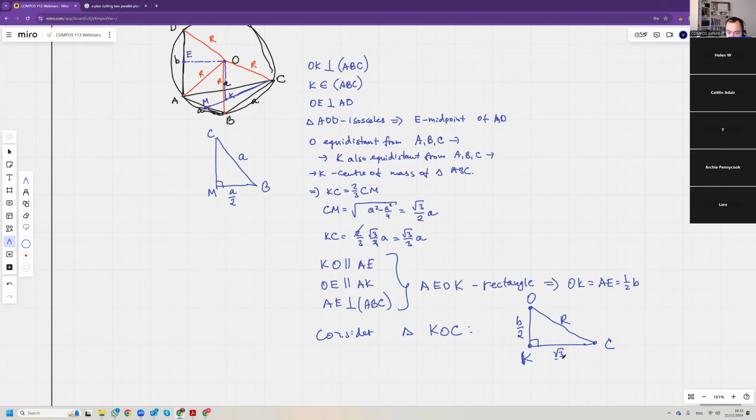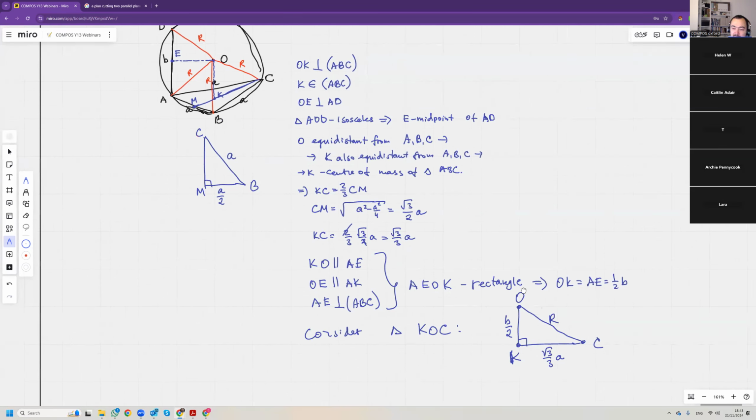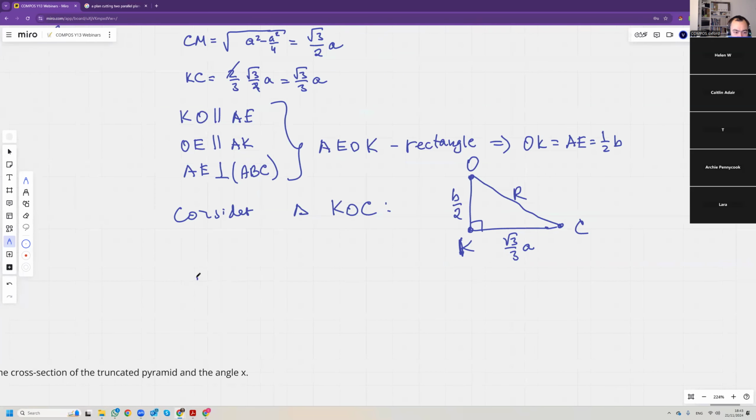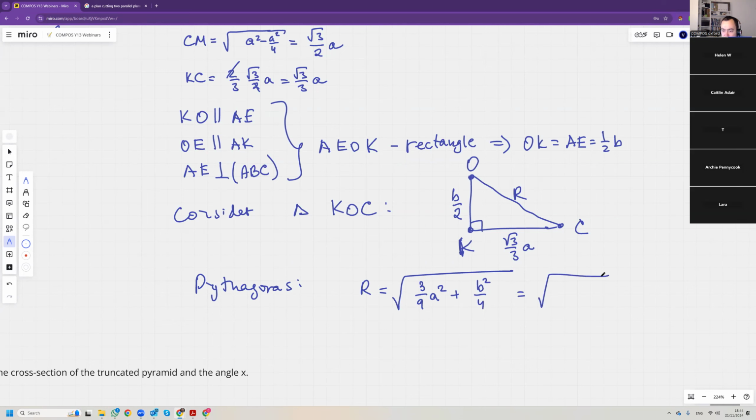That's square root of 3 over 3 A. And finally, using Pythagoras' theorem, we find that R is equal to the square root of 3 over 9 A squared plus B squared over 4, which is square root of A squared over 3 plus B squared over 4. And that is the answer.